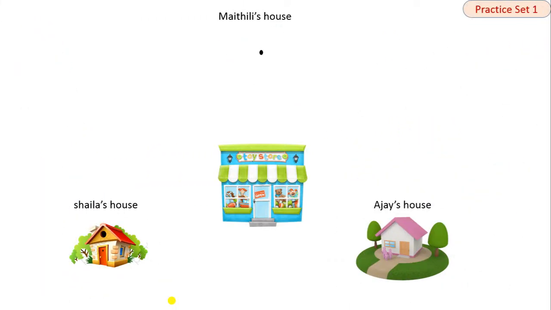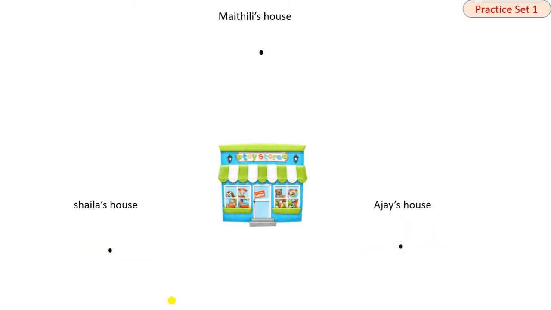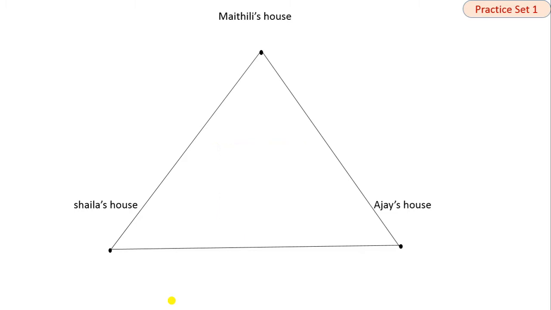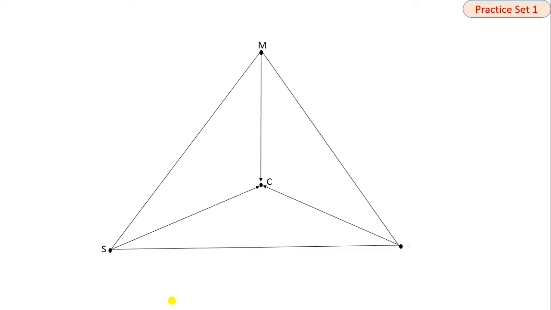As we said above, the houses are the vertices of triangle MSA, and the toy shop, which is equidistant from these houses, that is the vertices, is point C, and here point C is the point of concurrence.